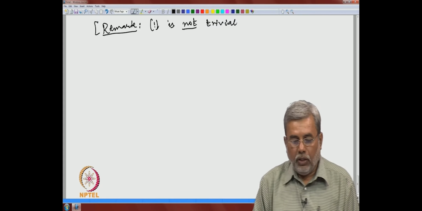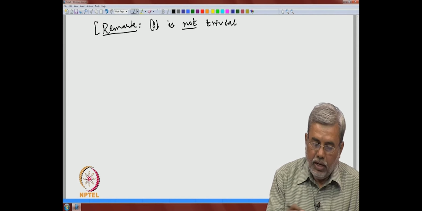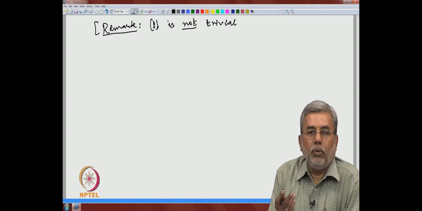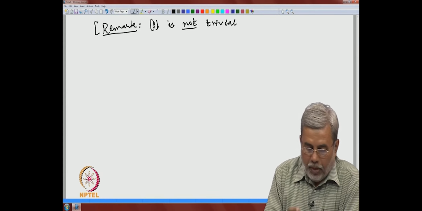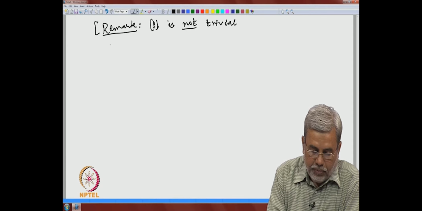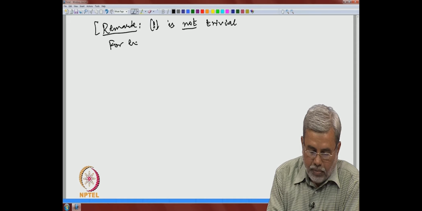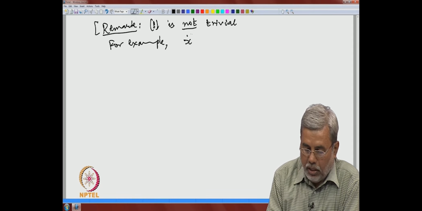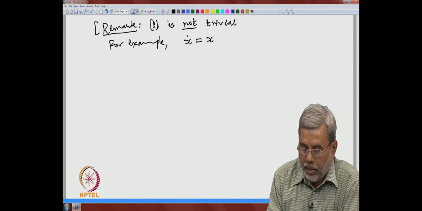Okay. So, we have already seen an example where the solution does not exist for all time. For example, x dot equal to x square.